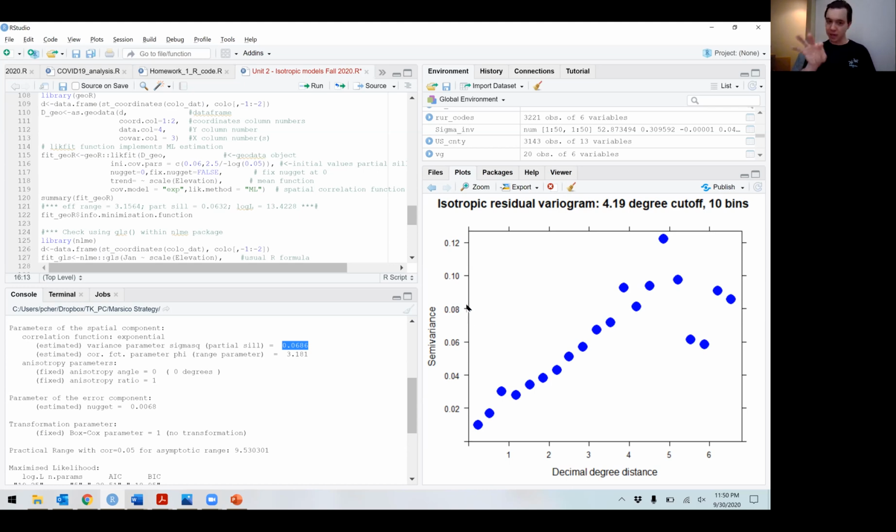But if I'm trying to triangulate the estimated range parameter and the estimated effective range of our likelihood model with what I am seeing with my variogram, where the nugget and the partial sill really are matching up, and the partial sill is 0.07, which is right over here, then how could the effective range be 9.53?